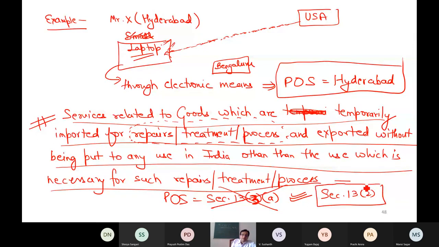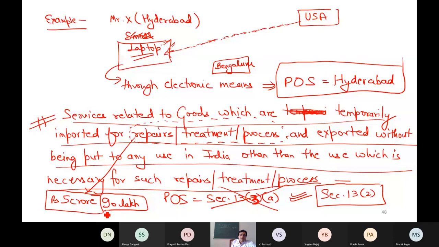Suppose 5 crore rupees has been spent on repair of any big machine, and on 5 crore, for example, 18% is the GST. So 90 lakh is the GST amount. Government is not saying that don't pay the tax.